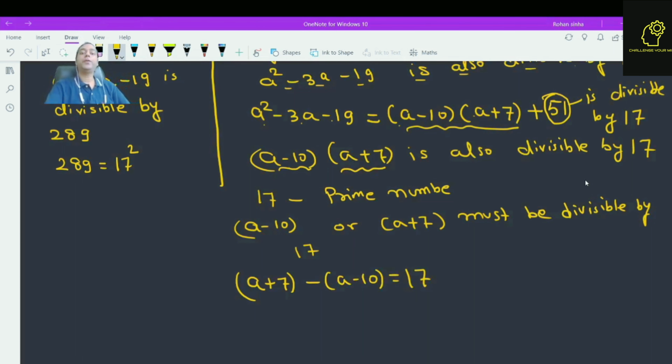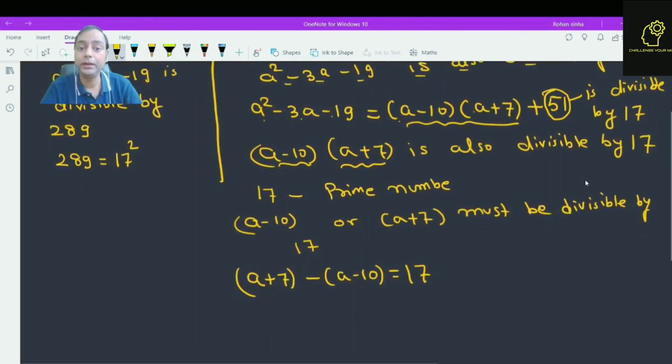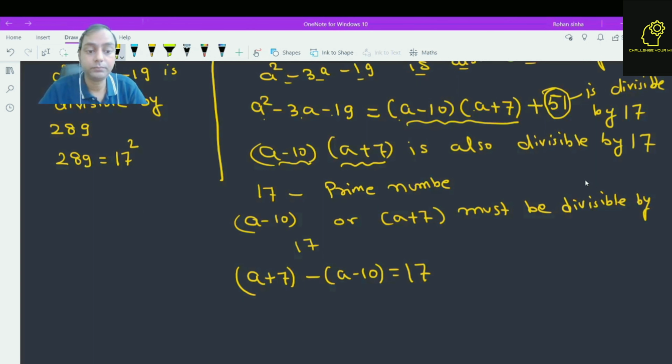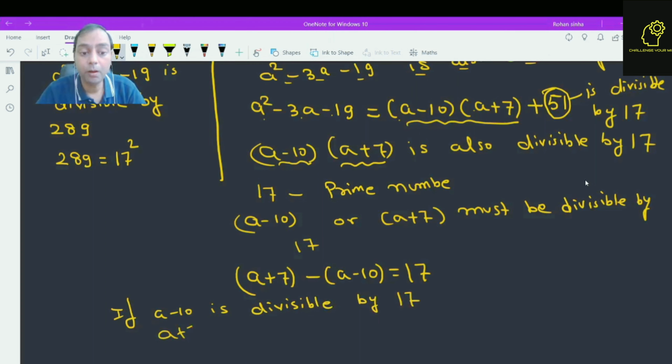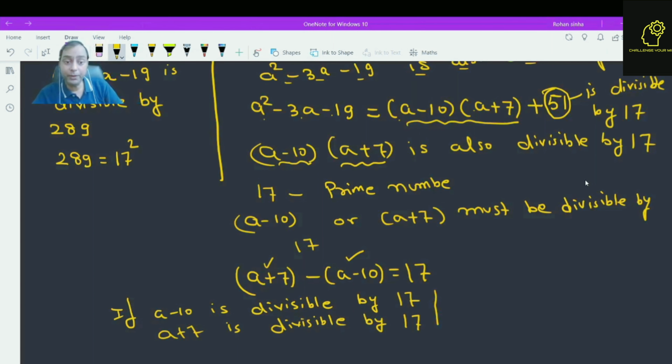This means if a minus 10 is divisible by 17, a plus 7 is also divisible by 17, because the difference of the two, a plus 7 and a minus 10, is 17. Also, if a plus 7 is divisible by 17, a minus 10 is also divisible by 17.